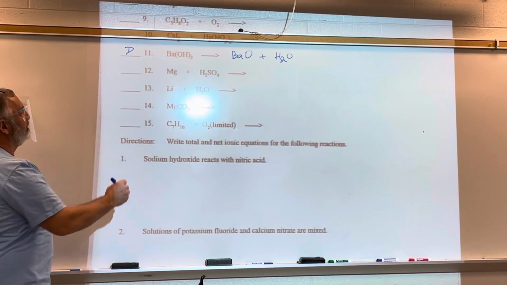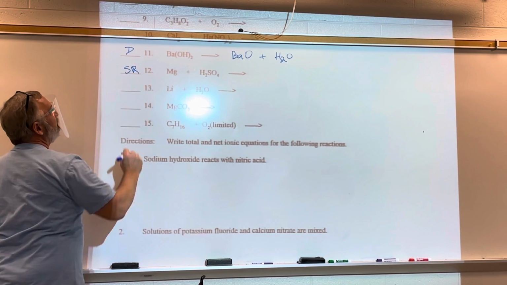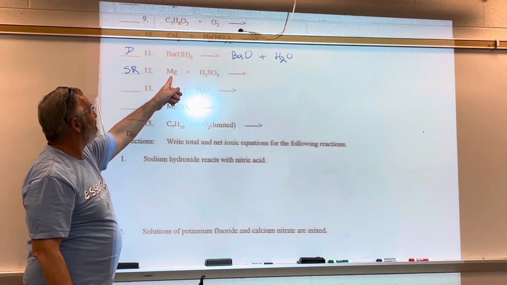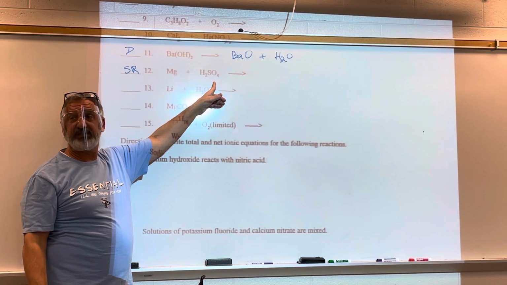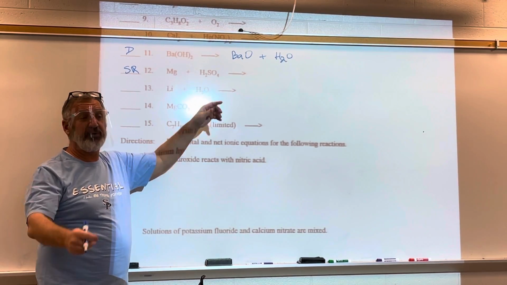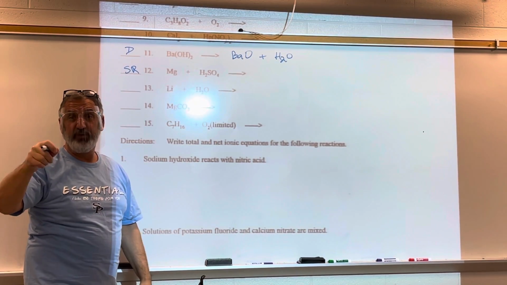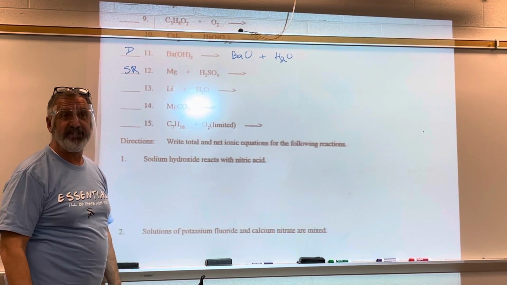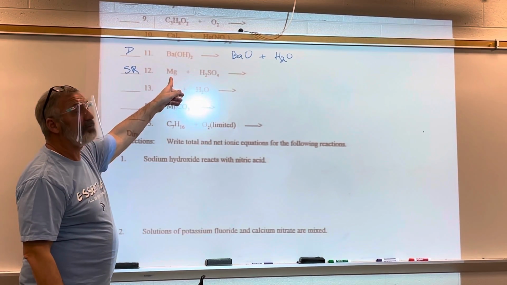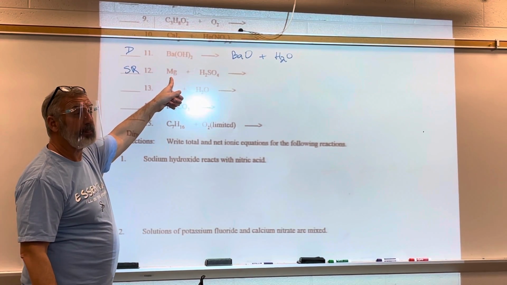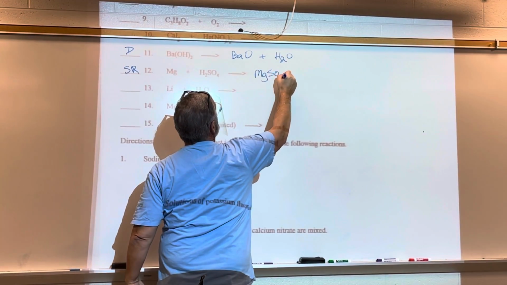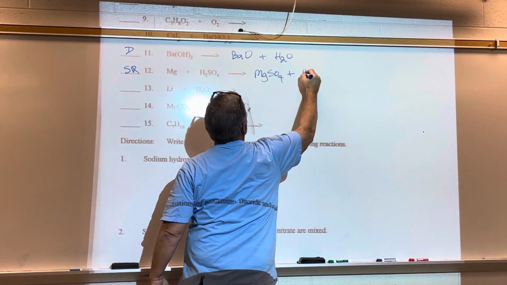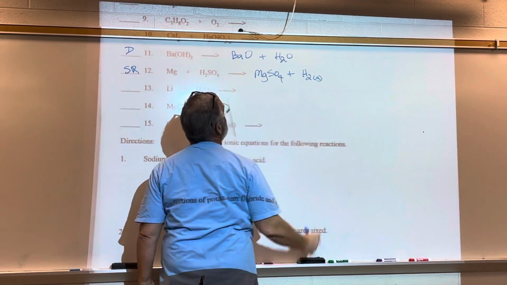So number 12 is a single replacement. Is magnesium more active than hydrogen? Yes, so that reaction occurs. This is the one where I did a little barking on the test tube, the whoop sound, you know, when we did that. Okay, so what are we going to make? Magnesium sulfate. Plus 2 and minus 2, so it's MgSO4 plus hydrogen gas.